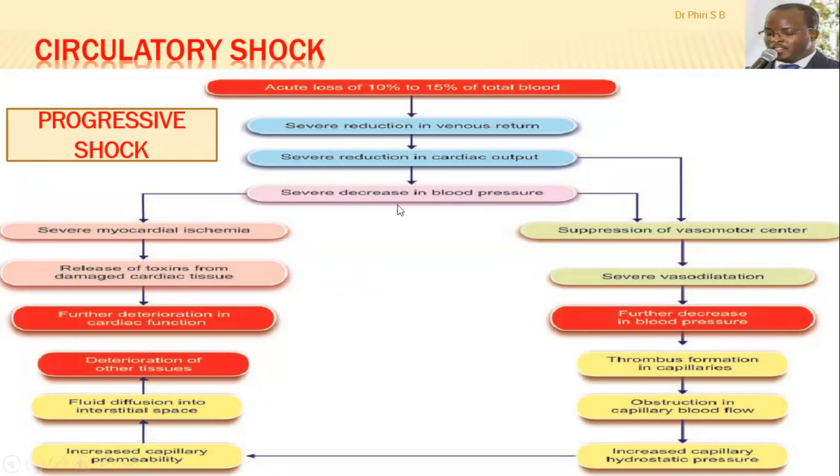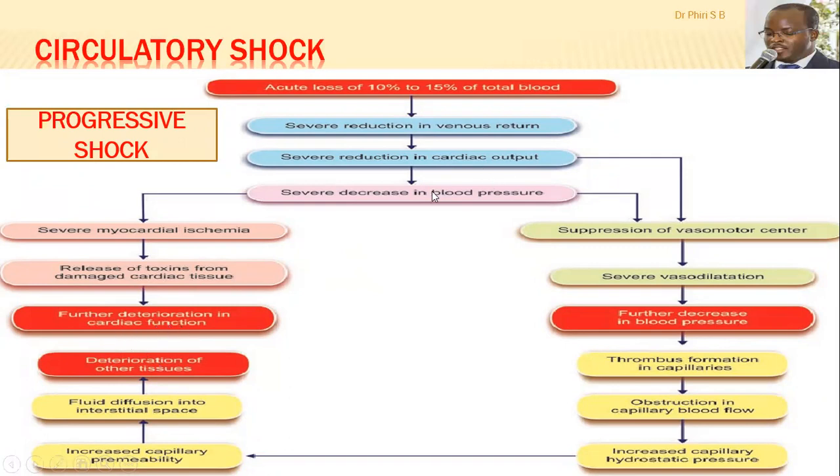Once you have a severe decrease in blood pressure, it will result in severe myocardial ischemia and release of toxins from damaged cardiac tissue, or myocardium. These toxins will result in further deterioration in cardiac function. That will bring about a decrease in cardiac output again because the myocardium is not functioning well. It is being damaged, and there is a lot of deterioration of the cardiac muscle cells.